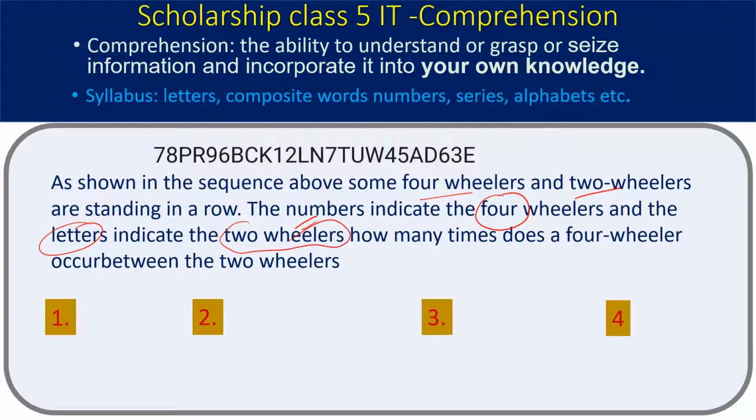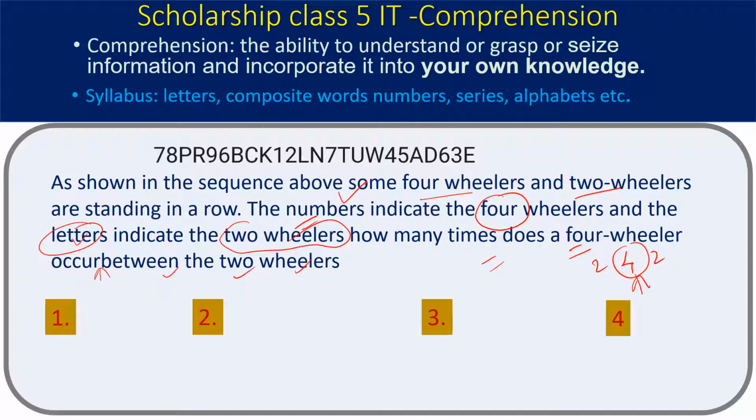How many times does a 4-wheeler occur between the 2-wheelers? Okay. So if you find a 4-wheeler, on both sides of it, there should be 2-wheelers. And how will you know that it is a 4-wheeler? 4-wheeler is indicated by numbers and two-wheeler is indicated by letters.